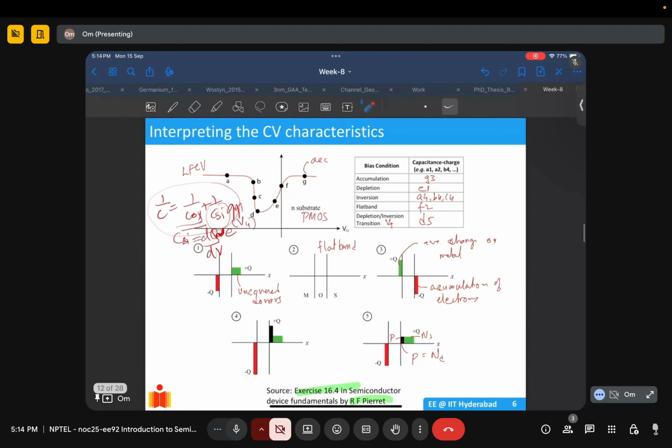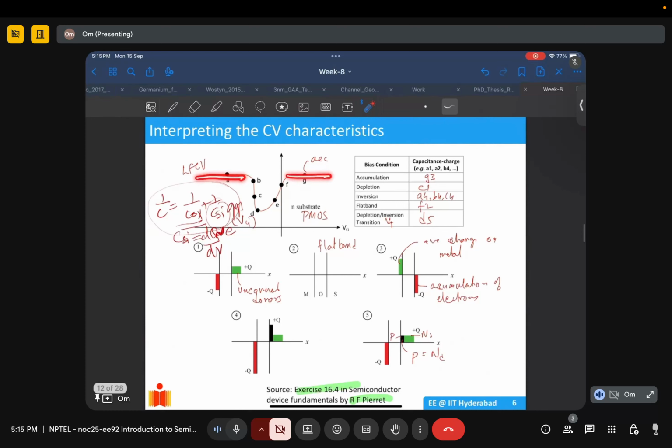That's why for both accumulation and inversion, we have this saturating at Cox.